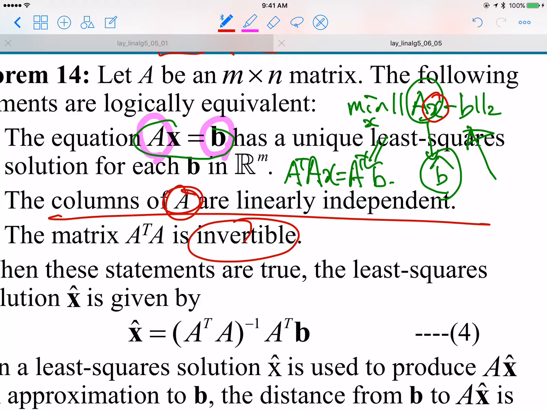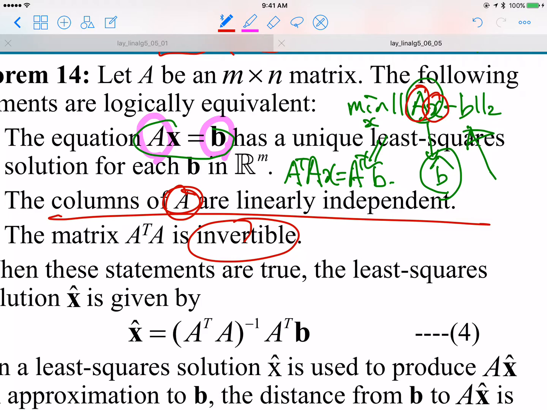So if this minimization problem has a unique solution, it means that projection vector will be represented as a unique linear combination, and then it means the basis vectors, or the columns of A, are linearly independent, right?